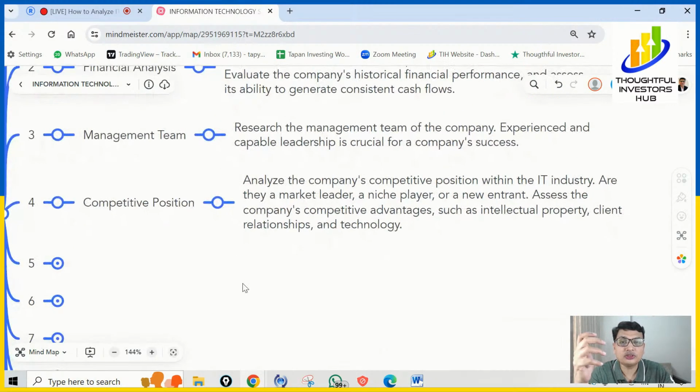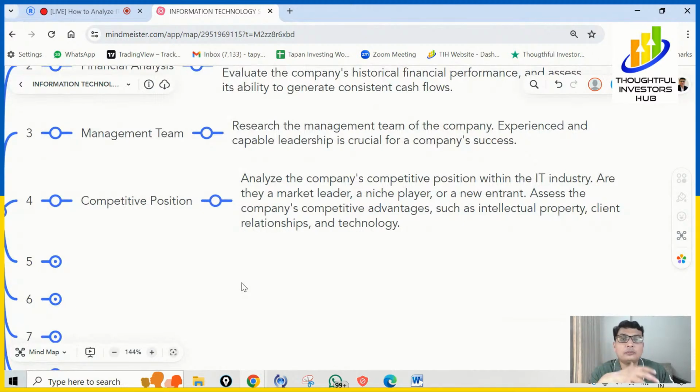Then competitive positioning. Analyze the company's competitive position within the industry. Is it a market leader, a niche player, or a new entrant? Assess the company's competitive advantages such as intellectual property, client relationships, and technology. When a company is getting into a new division or area, how is its position, whether it is in a dominant position or not, that is what you have to see.